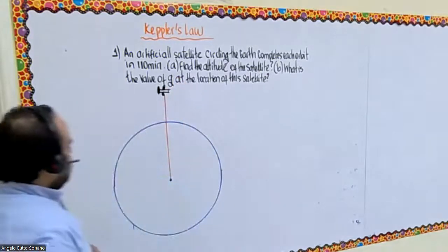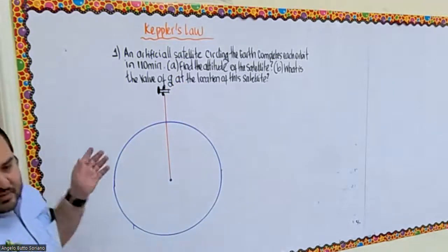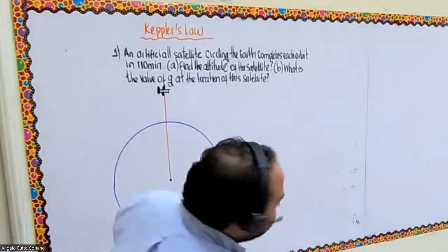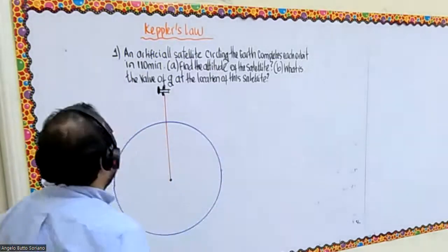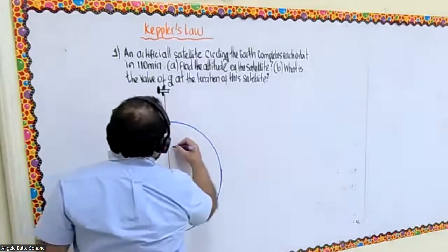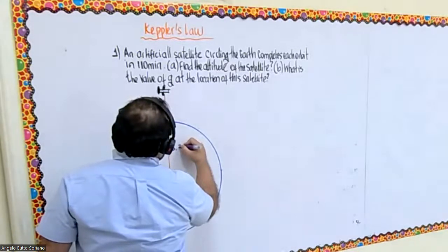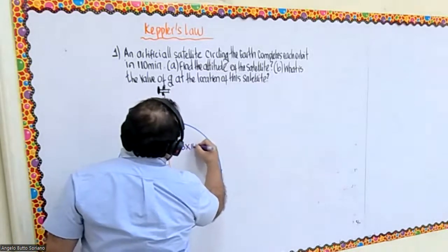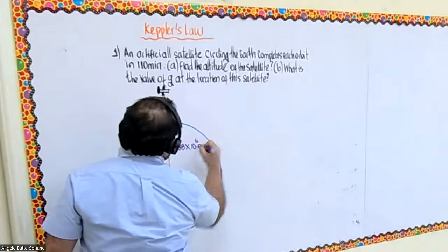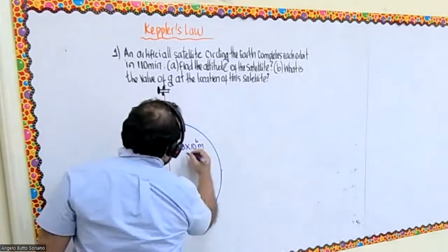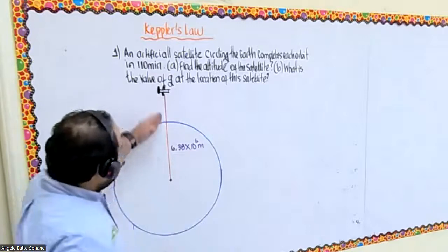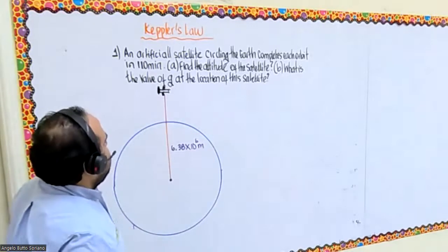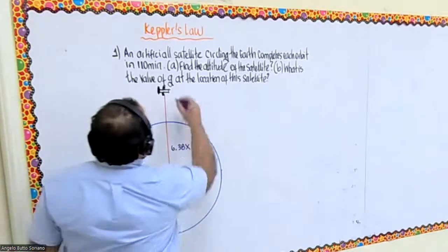According to the problem, the radius of the Earth, remember, is a constant value given by 6.38 times 10 to the 6 meters. It is the distance of the orange line.